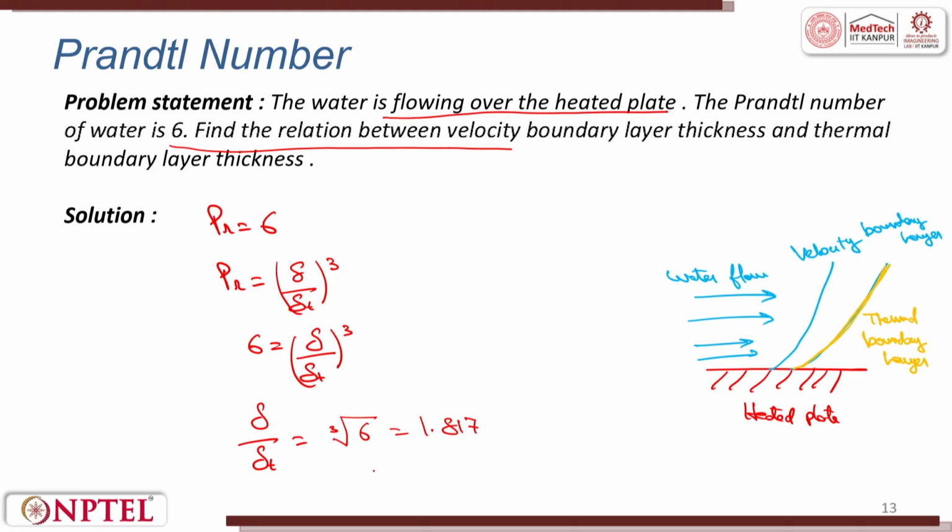So, we can say the velocity boundary layer is 1.817 times the thermal boundary layer thickness. I am talking about thickness here, velocity boundary layer thickness.